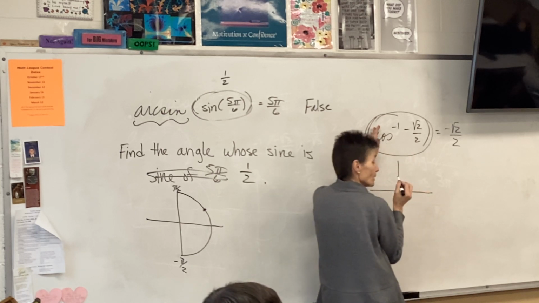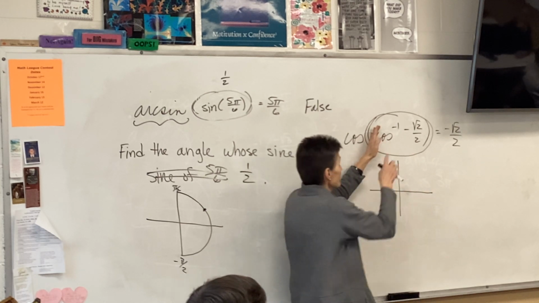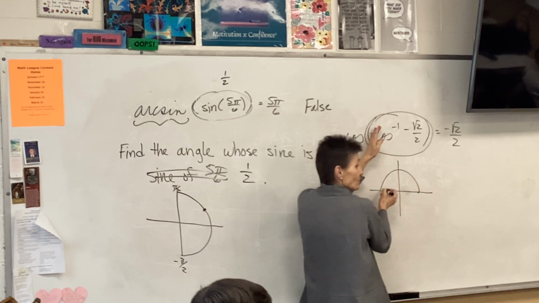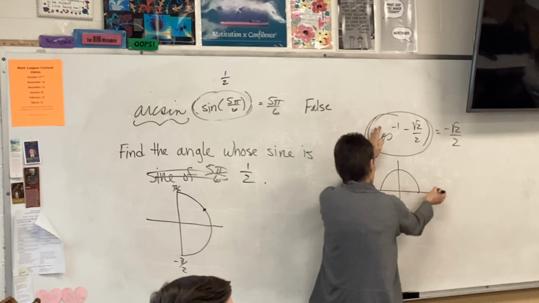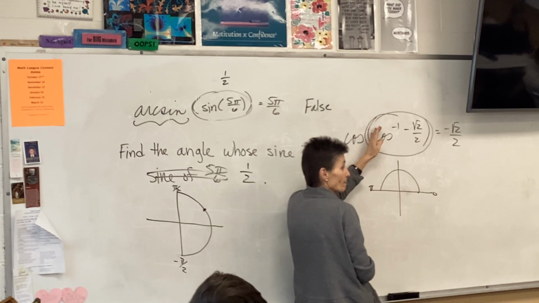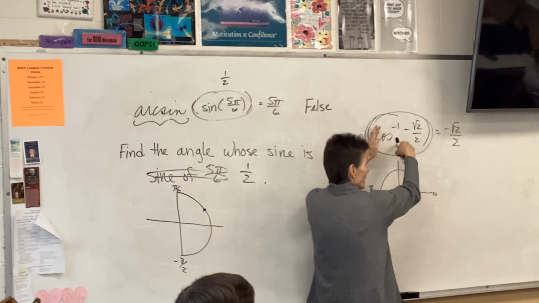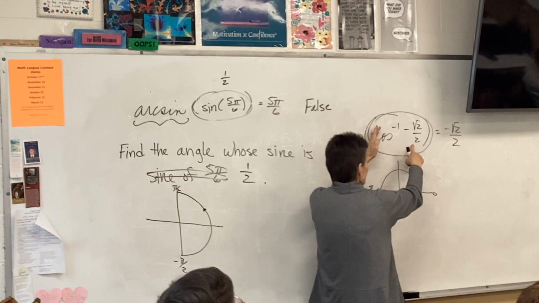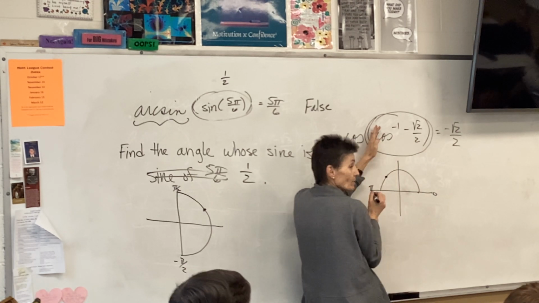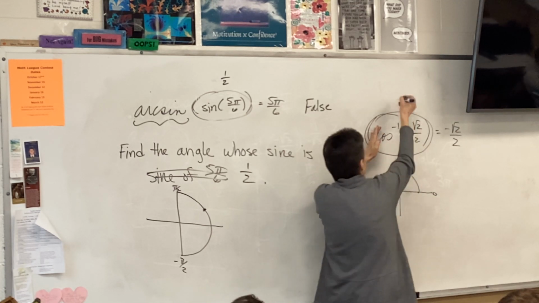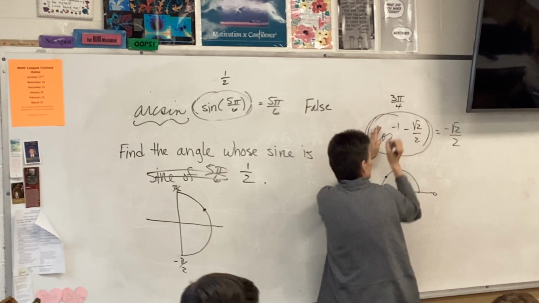Which quadrants is inverse cosine? 1 and 2, right? 0 to pi. This is asking you for an angle. If the cosine's negative, then I'm over here. So what would this be? 3 pi over 4. Perfect.